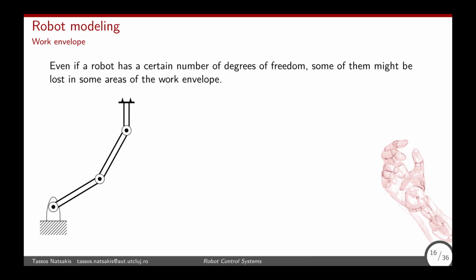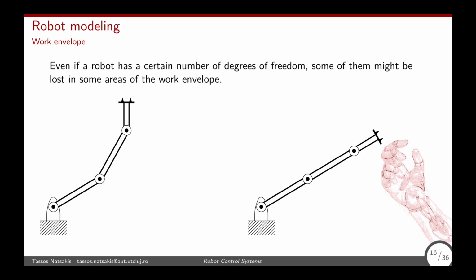You can imagine that if I have my robot arm fully extended, yes, I'm inside the work envelope, but then I cannot wiggle around too much with it, right? So we say that we might lose a degree of freedom, right? We cannot do as many motions in this kind of configuration as we would be able to do if the joints are more bent.